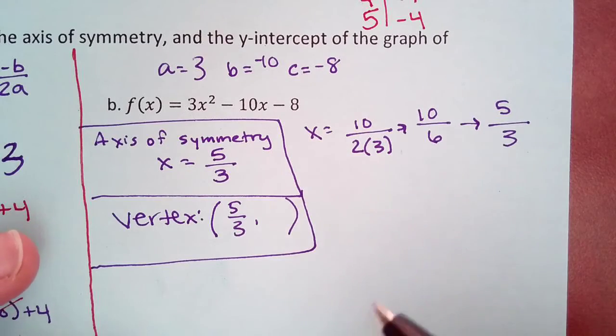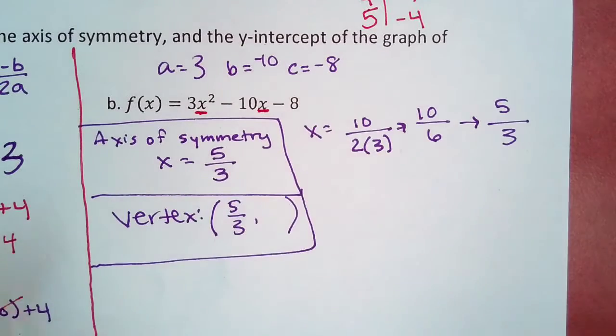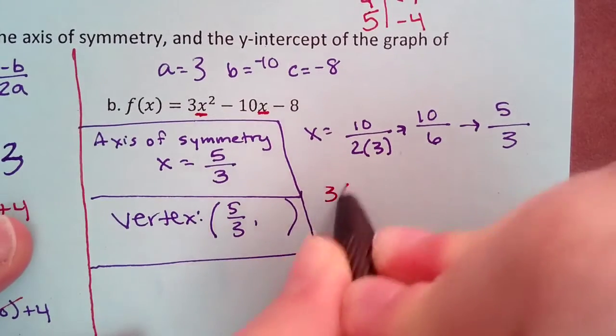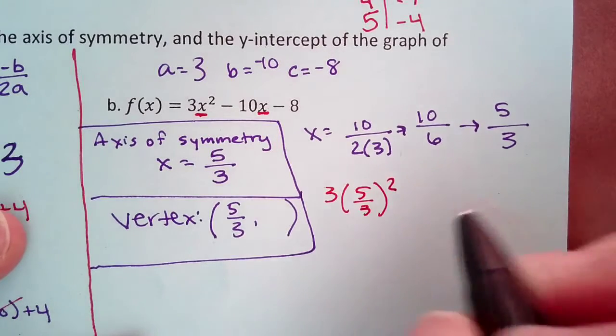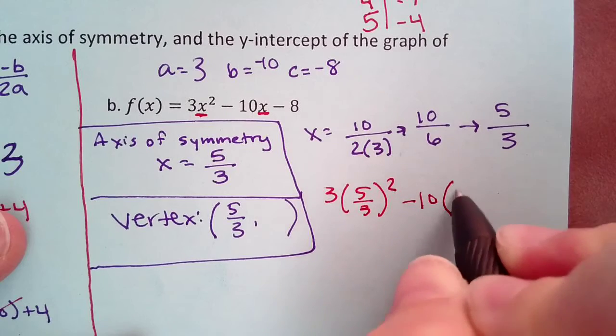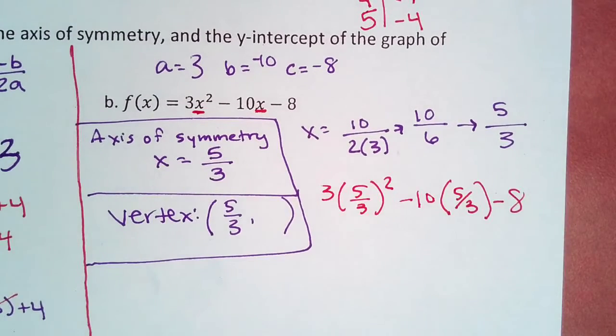So now that means if I plug in 5 thirds everywhere I see an X, I could find my answer. So I have 3 times 5 thirds squared minus 10 times 5 thirds minus 8. Now, I'm not going to make you do all that by hand because that's going to get pretty hairy.